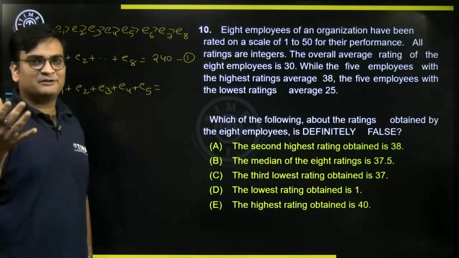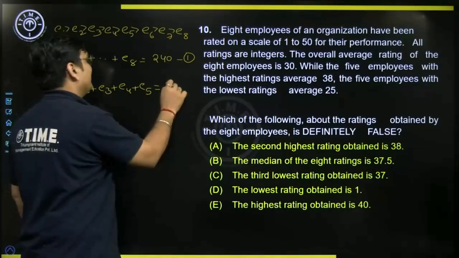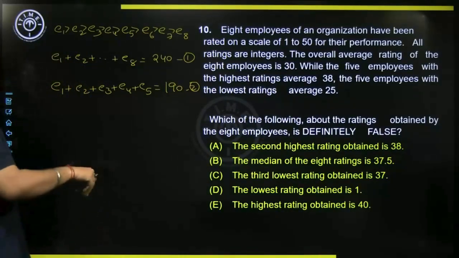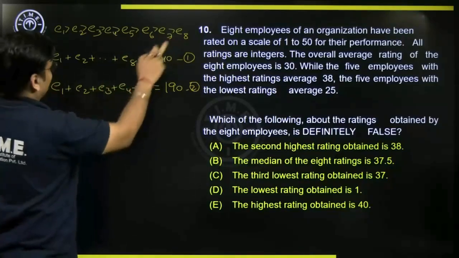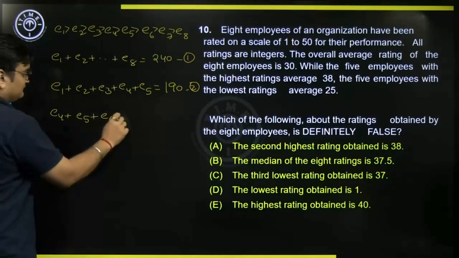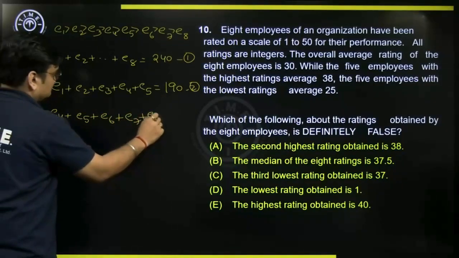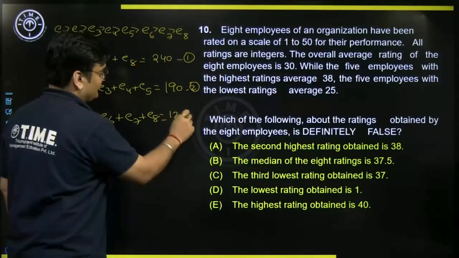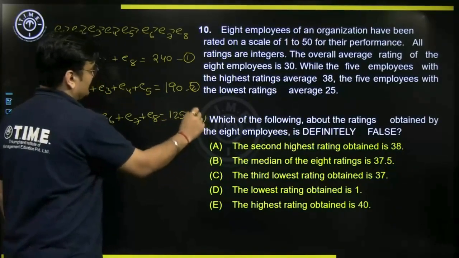So 38 into 5, because we are talking about 5 employees, it's going to be 190. The 5 employees with the lowest rating, lowest will be E4 to E8. Average is 25, so 25 into 5 is 125. Third equation.